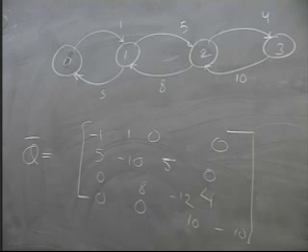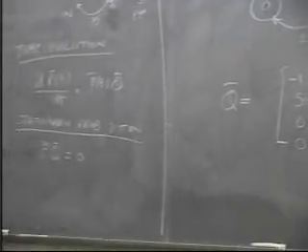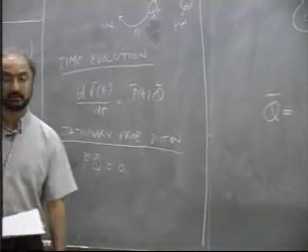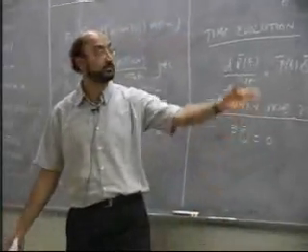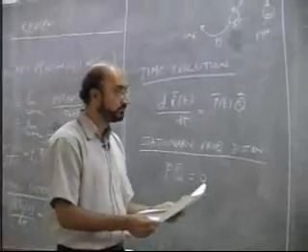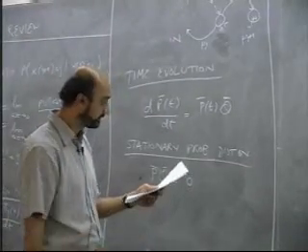So this gives you the Q matrix, and then you can plug that into here, and at this point you can figure out what P is, which is the steady state probability of being in each state of this particular Markov chain. I haven't solved it here.